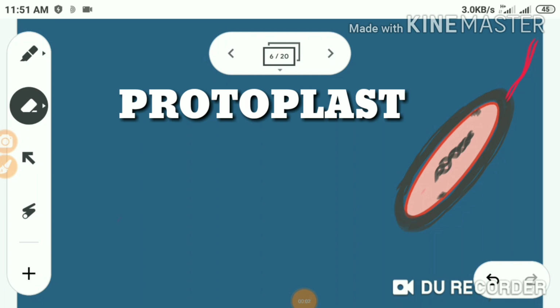Next, we are going to talk about the protoplasm of bacteria. Protoplasm is a familiar term, but what do you mean by protoplasm? Take a cell, fungal, bacterial, or plant cell. If we remove the cell wall completely or partially, by chemical or enzymatic means, then the remaining structure is known as protoplasm.